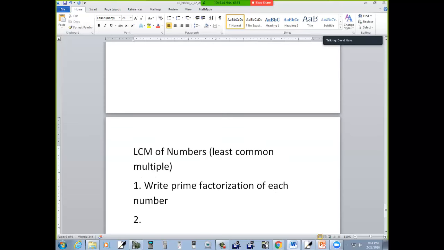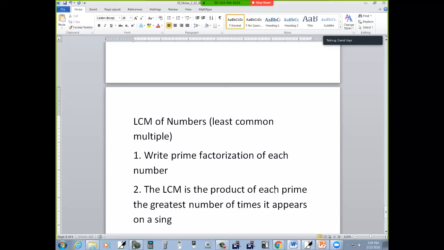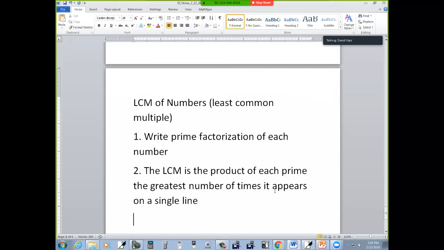And step 2, the LCM is the product of each prime, the greatest number of times it appears on a single line. Now it'll make more sense once we look at an example.